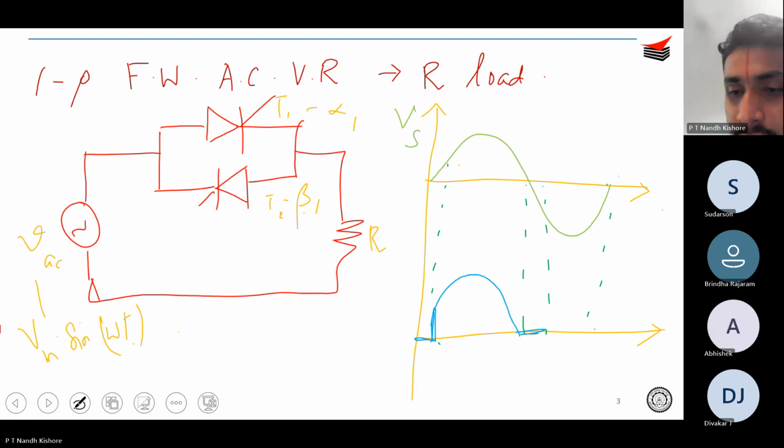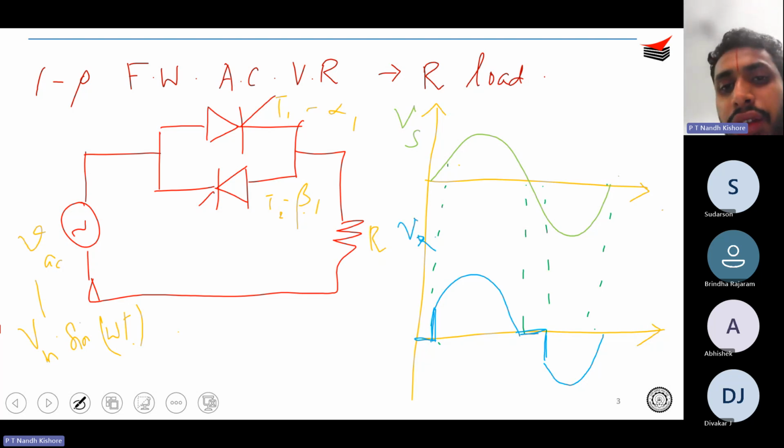This seems very familiar to you just because you studied it in rectifiers, right? In rectifiers, you got similar kinds of waveforms, and you were able to derive all parameters such as the RMS value of your output voltage, then the current through each switch and so on. Because this is very much relatable to that, I am telling you this.